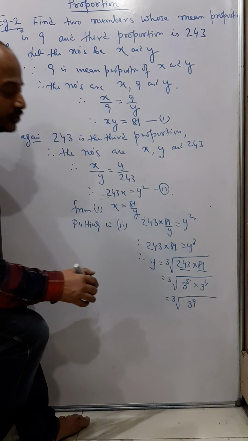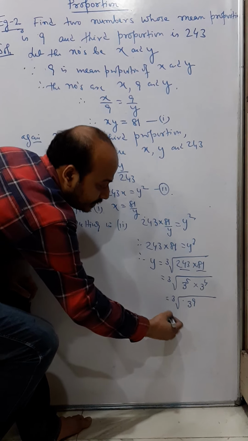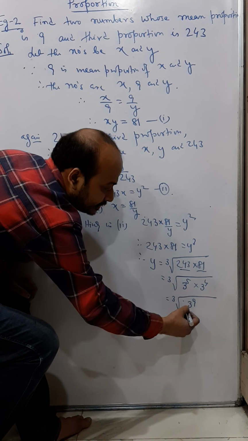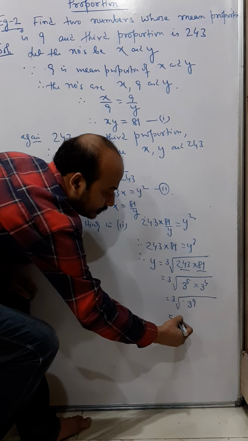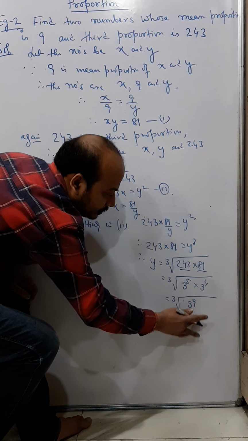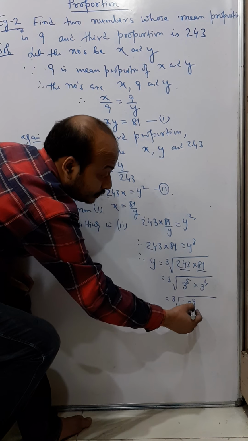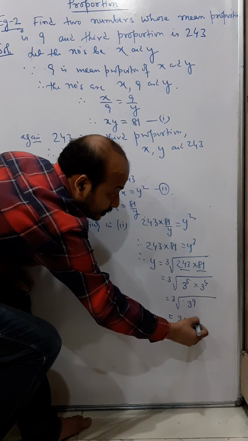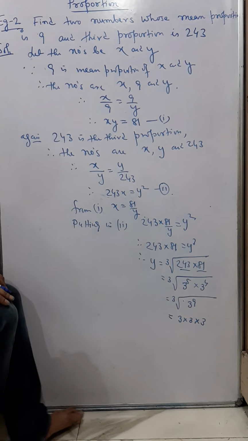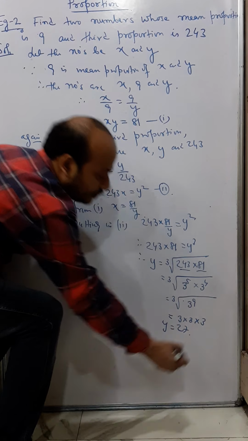And in cube root, 3 numbers become a single number outside. So finally we can say it is 3 into 3 into 3. So finally we got y equals 27.